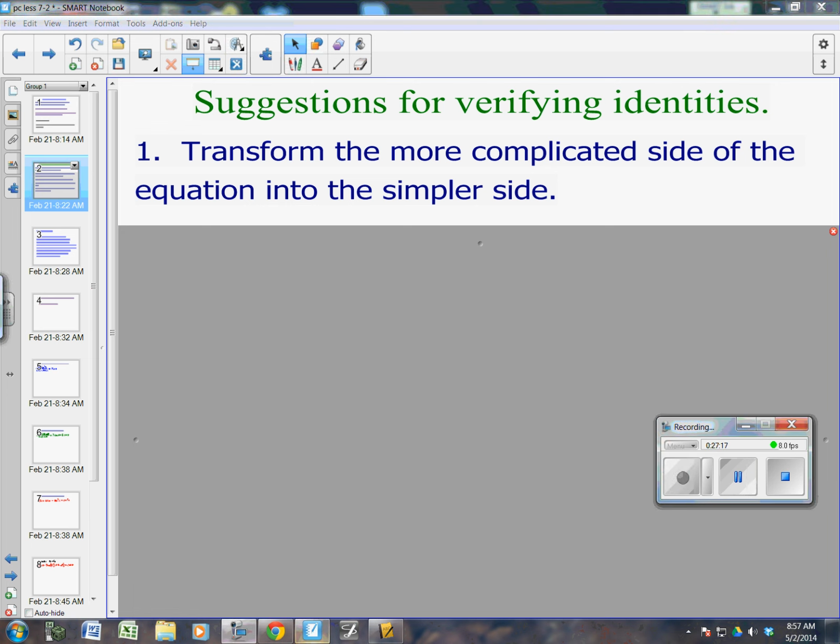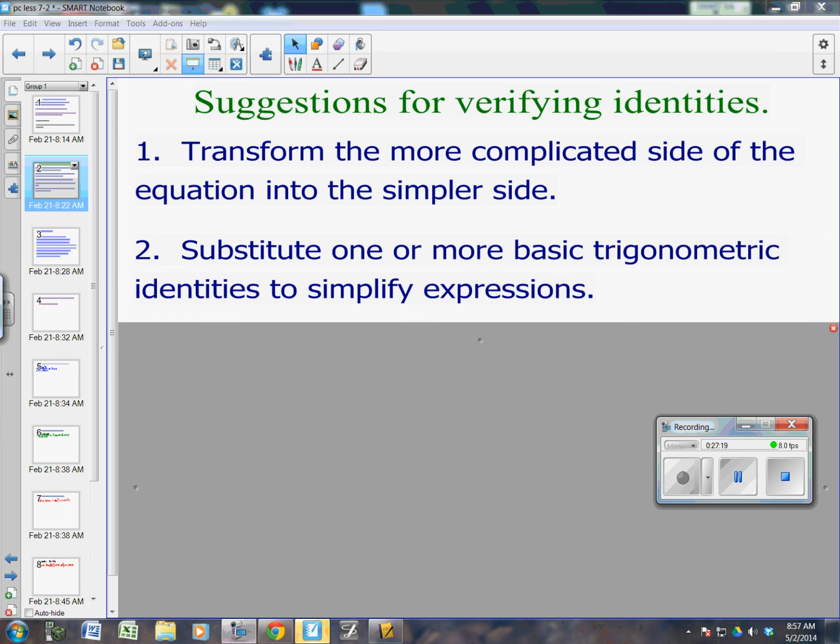Okay, next thing: substitute one or more basic trig identities to simplify the expressions. For instance, you can replace a cosecant with 1 over the sine using the reciprocal identity. Or you can replace a tangent with sine over cosine. That's what it means to substitute one or more basic trig identities.